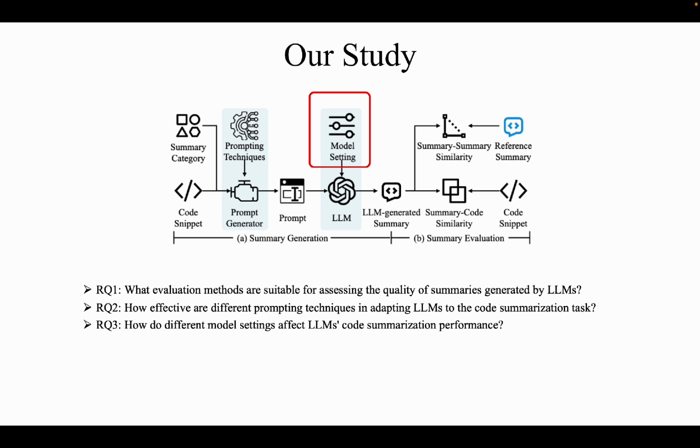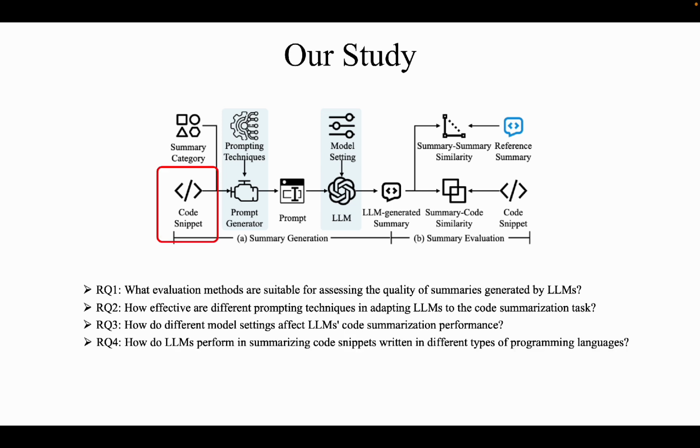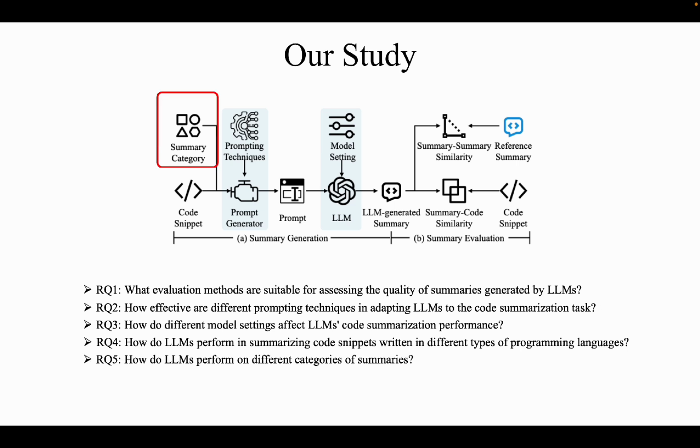In RQ3, we adjust the parameter settings to control randomness of the LLM's output and see the impact of them on code summarization. In RQ4, we study LLM's capabilities to summarize code snippets across diverse programming languages. And in the last RQ, which is RQ5, we aim to explore LLM's ability to generate different categories of summaries.